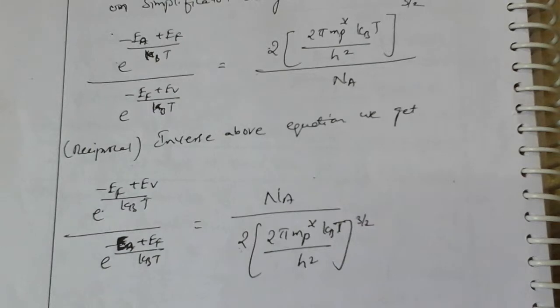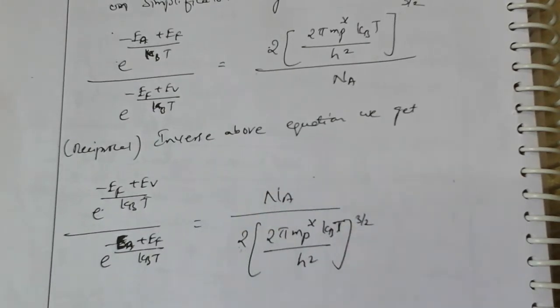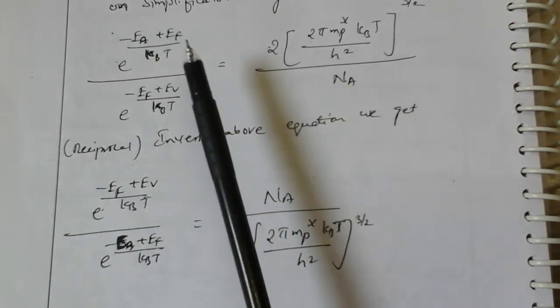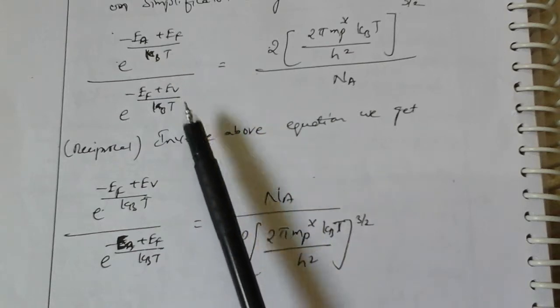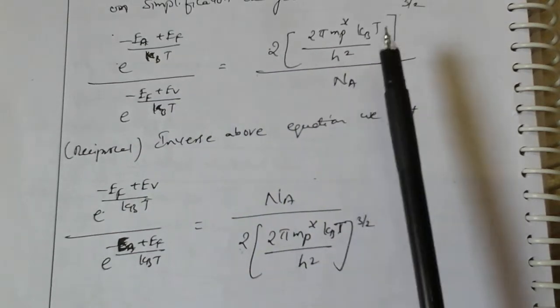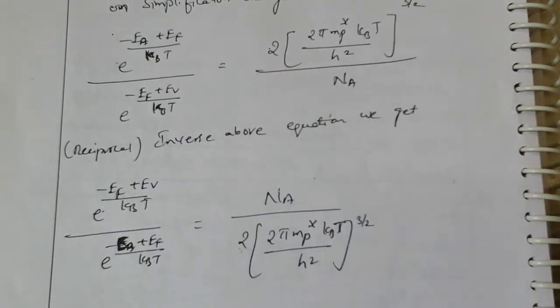Now what we are doing is taking the reciprocal of the above equation. Reciprocal or inverse of the above equation means the value I am writing down, I am writing on top, and the numerator value I am writing in the denominator. So exchange of values: numerator, denominator.